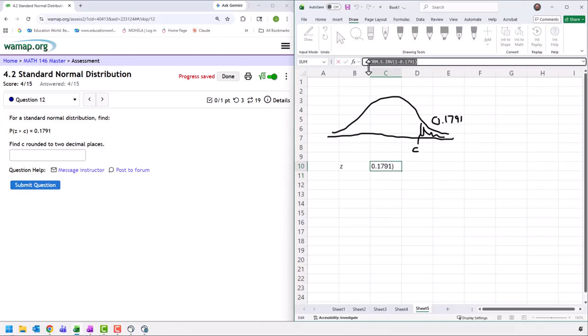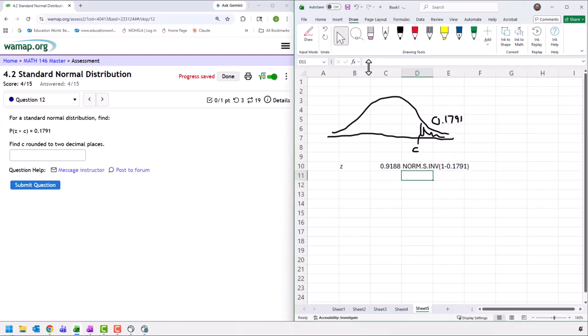I could find the area to the right by doing 1 minus 0.1791 and kind of labeling that over here 0.8209.